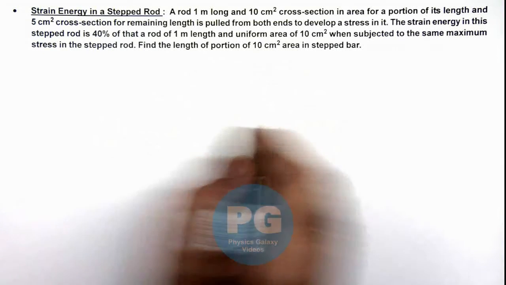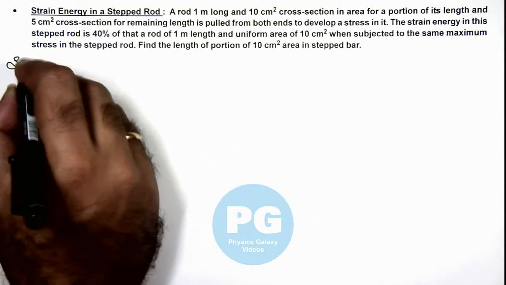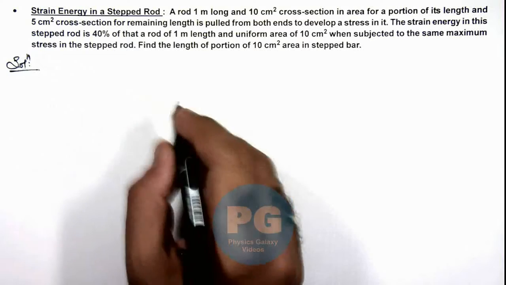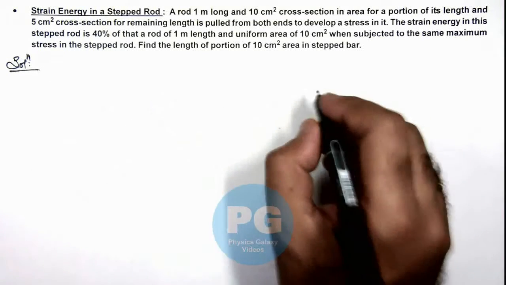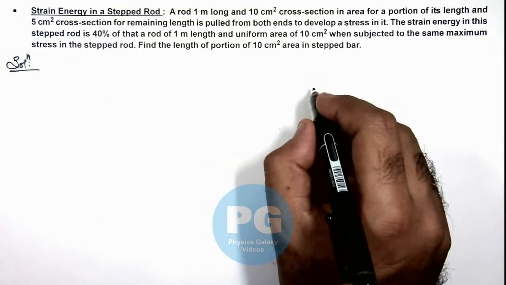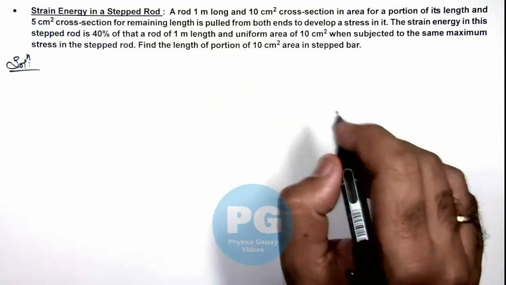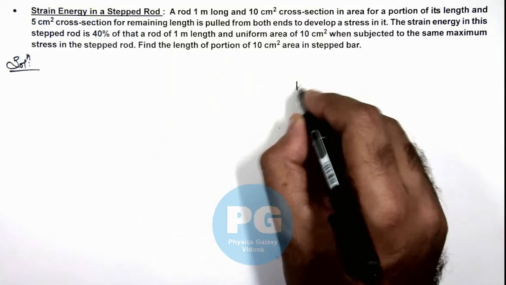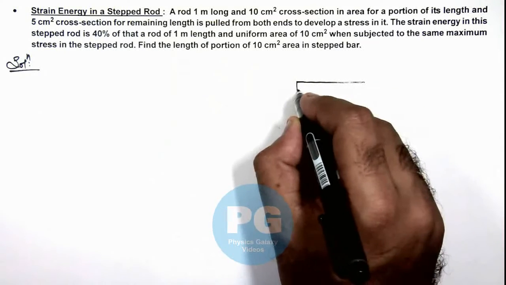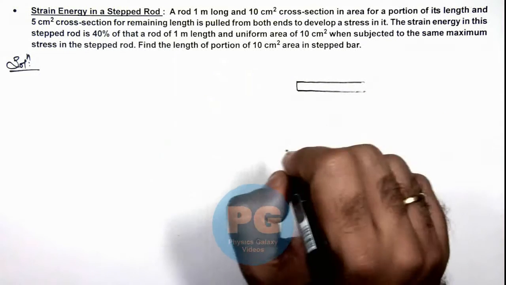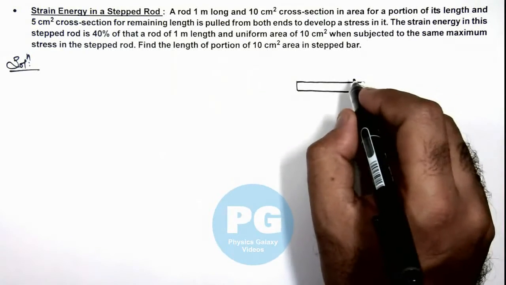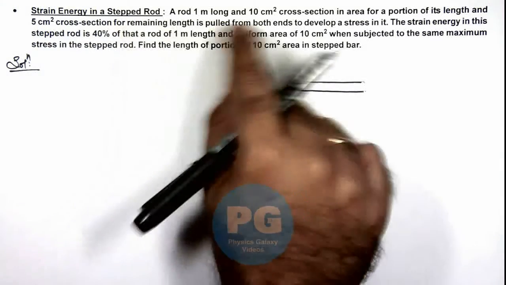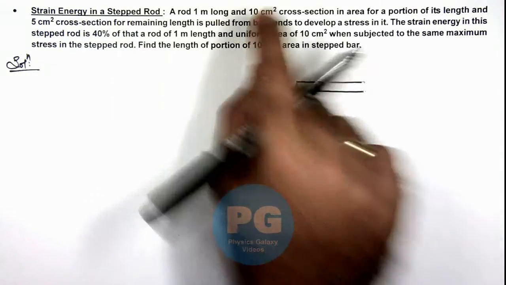Now here we can analyze first with the help of a situation. If we draw the figure, we can see the total rod length is 1 meter, but it is a stepped rod in which one length has an area of 5 centimeter square and the other length is of area 10 centimeter square.